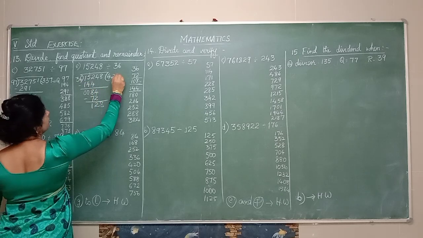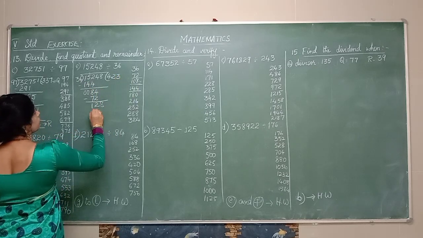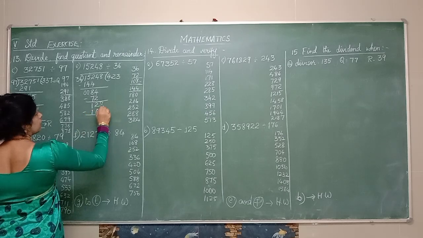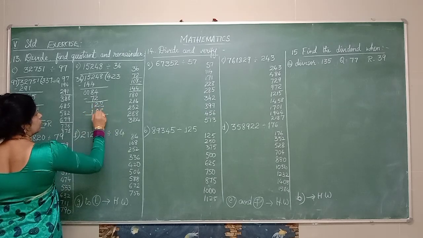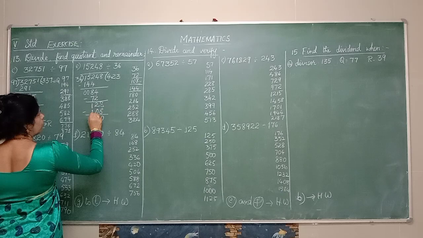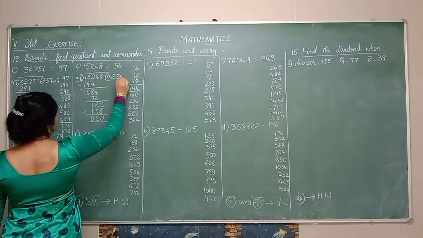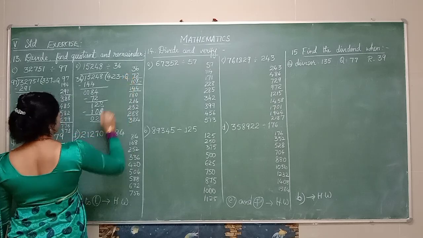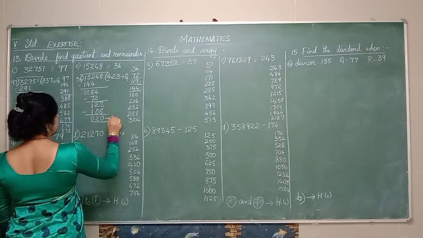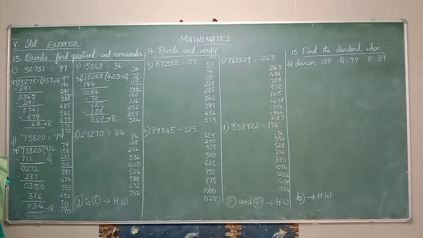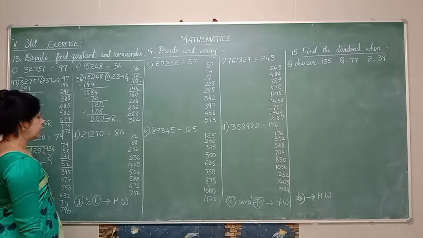So 36 threes is 108. 108 minus: 8 minus 8 is 0, 2 minus 0 is 2, 1 minus 1 is 0. So what is your quotient? 423 is your quotient, 20 is your remainder. So you should write quotient is equal to 423, remainder is 20.